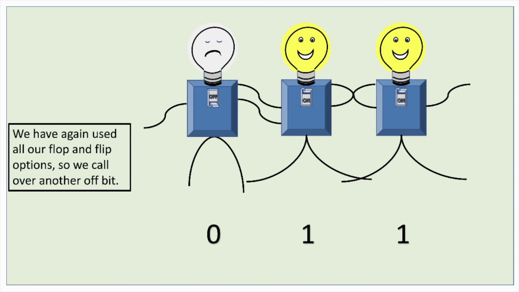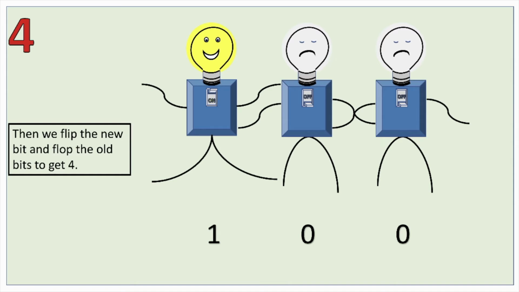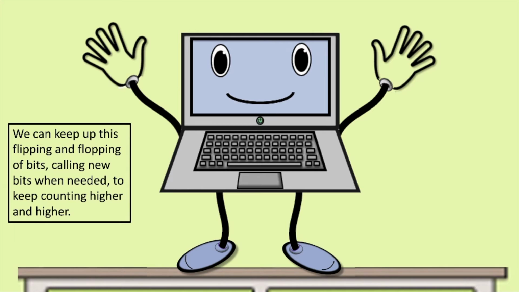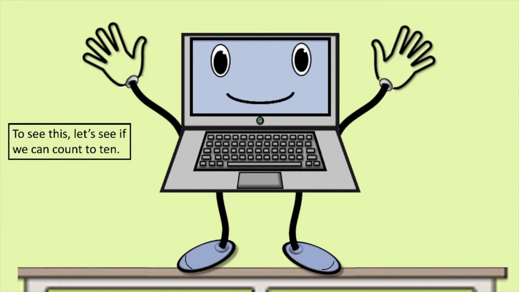We have again used all our flop and flip options, so we call over another off bit. Then we flip the new bit and flop the old bits to get 4. We can keep up this flipping and flopping of bits, calling new bits when needed to keep counting higher and higher. To see this, let's see if we could count to 10.